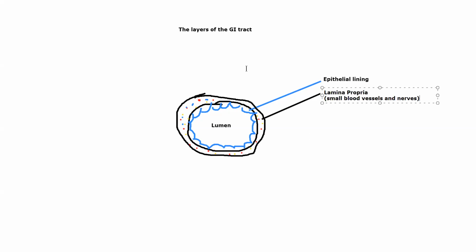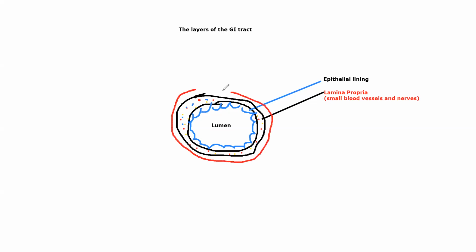The third part of the mucosa is actually a muscular layer. It's called the muscularis mucosae, which means the muscle of the mucosa. And that's going to be the third layer of the mucosa, which is the innermost lining again. So we've got this third layer here, which is a very small layer of smooth muscle.